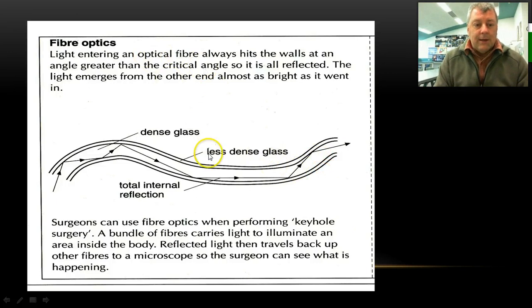Fibre optics. Now, fibre optics are being used all over the place now, and the National Broadband Network is making a network of fibre optics because it's the fastest, most efficient way to transmit massive amounts of data. The advantage it has over copper wire is that copper wire relies on sending charges, and there's a lot of leakage and a lot of loss due to resistance.